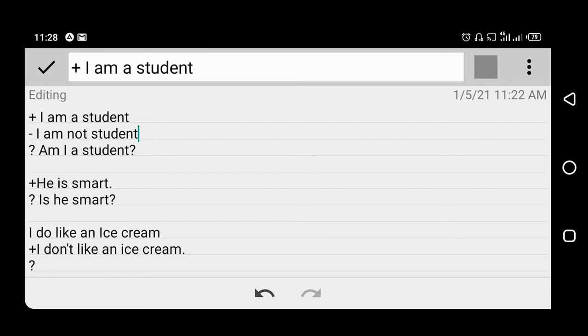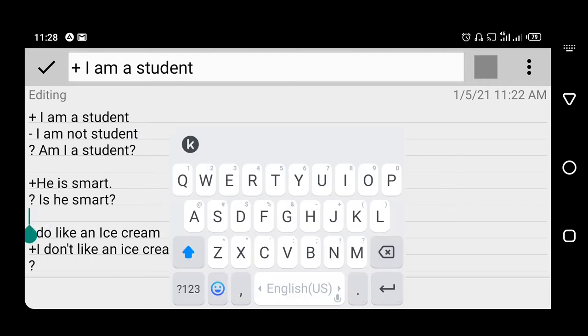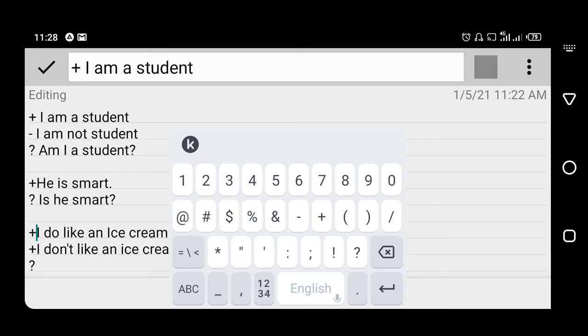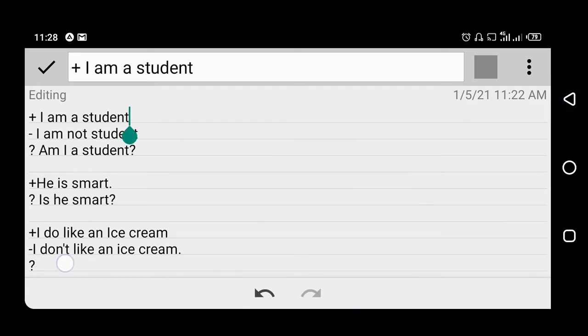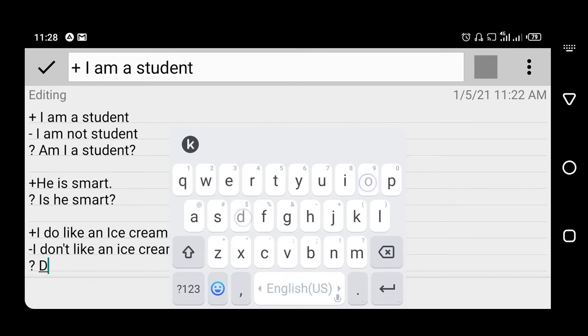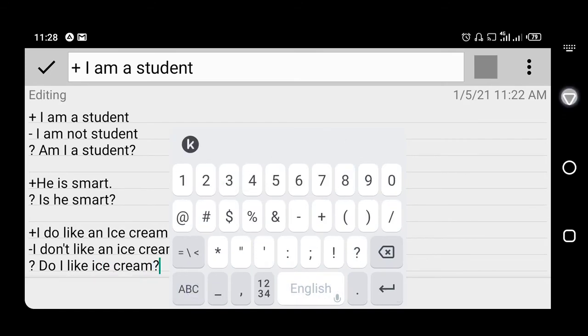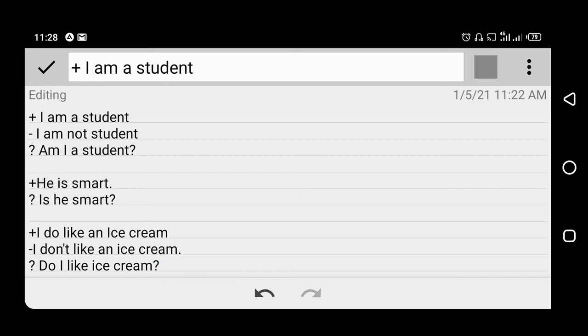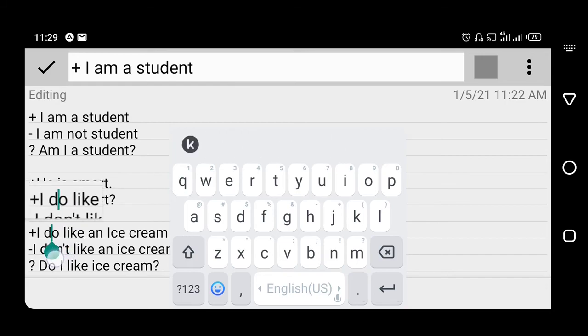And then I don't like an ice cream in here. We make it positive first. This one is negative. And then how to make it? You just have to add a do in here. Do I like ice cream? Nih, do I like ice cream? The example is very easy. You just have to take this do and then take it to the front.